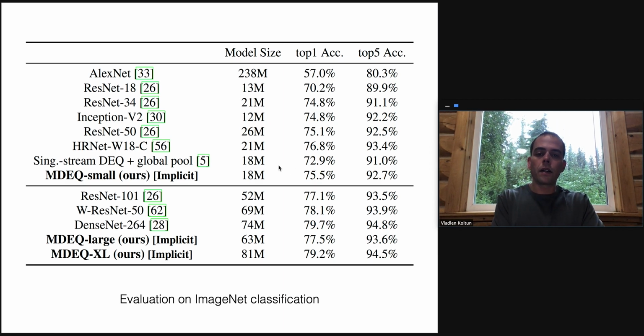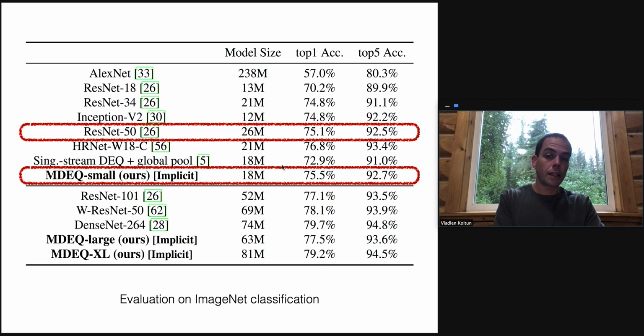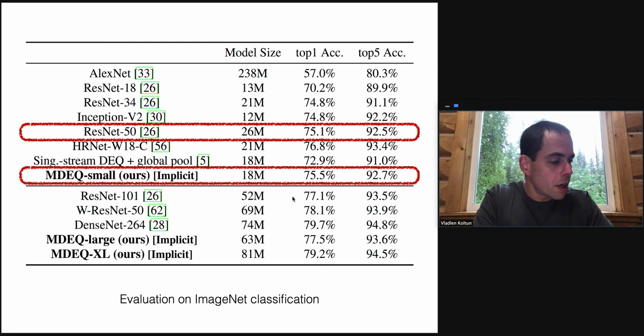Here are the results on ImageNet classification. Let's start with the top part of this table, where we are looking at fairly small models appropriate, for example, for deployment on mobile platforms such as smartphones.